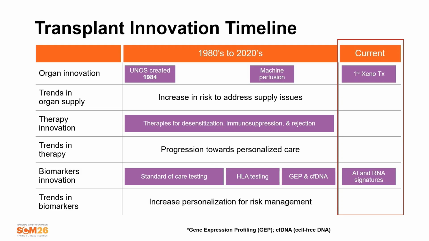So now I'm going to go to the kidney transplant, all right? As you know, it's an exciting time for kidney transplant. There was development of donor-derived cell-free DNA and gene expression profiling. And now we have AI RNA signature. We have xenotransplantation, right?